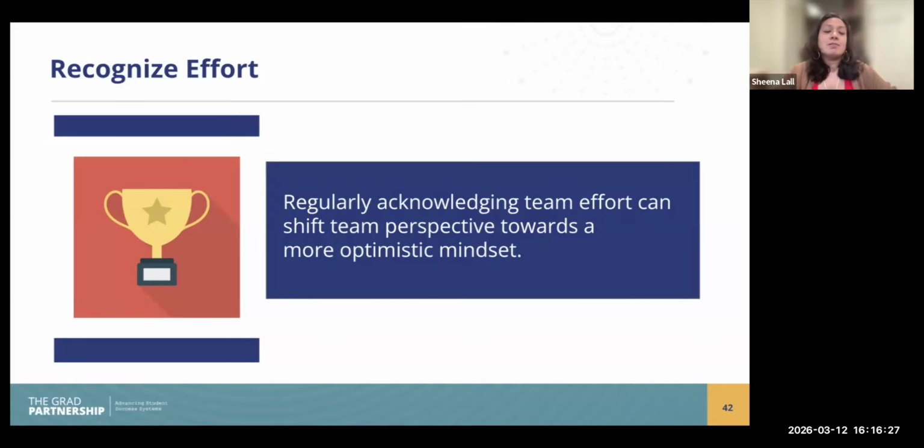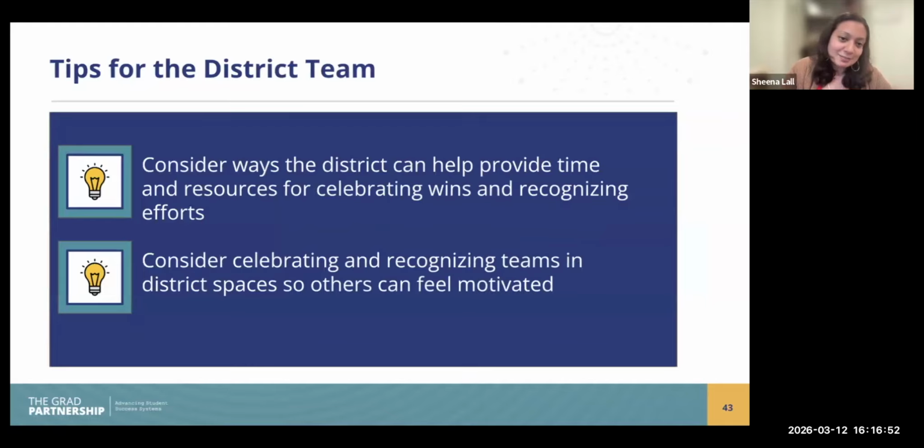And I would say one of the most satisfying parts of doing student success systems is seeing adults say, like, I never thought about it this way, or it was so wonderful to listen to students and hear parents say, I didn't feel like the school listened to me before, but now I know that my voice is important. And having that shift into an optimistic mindset is one of the most important parts of a student success system.